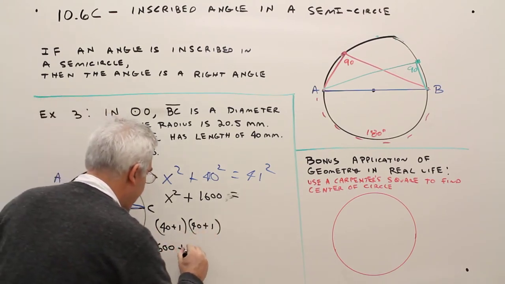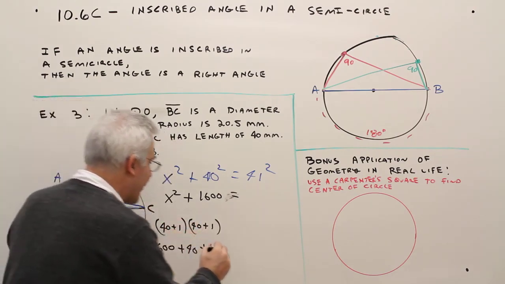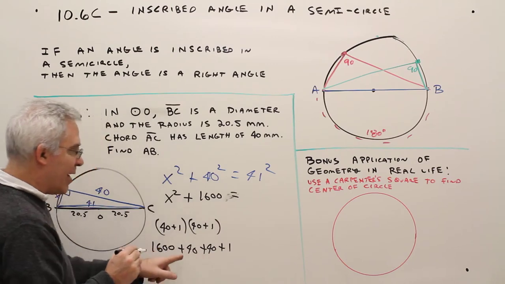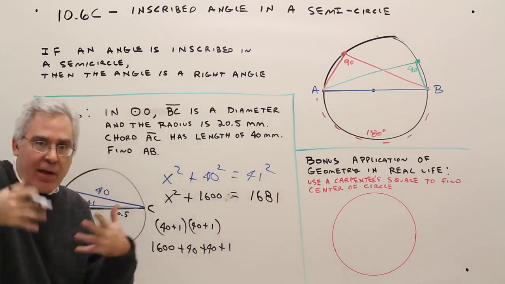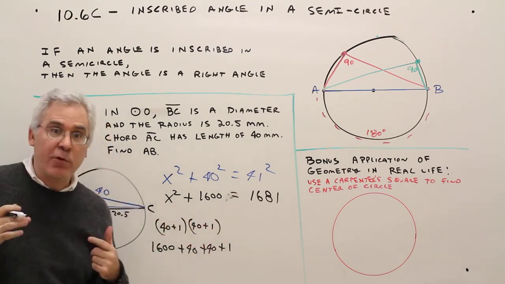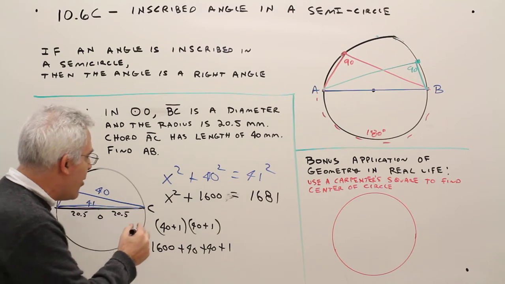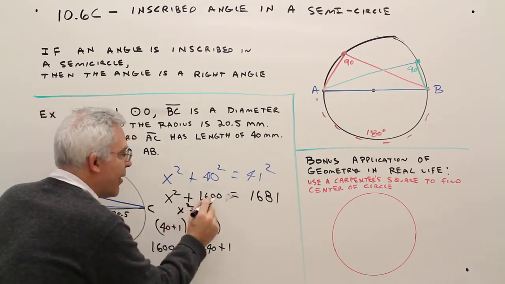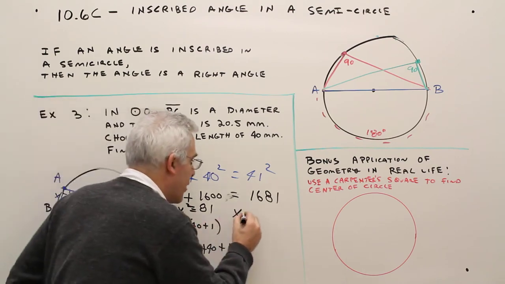Outers plus 40, inners plus 40, lasts plus 1, so it's going to be 1681. Again, I could have done that quickly in my head, but I just wanted to show you what was going on in my brain. Okay, so now I can just say x squared equals 81, so x will be 9.